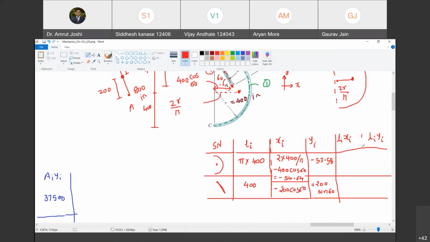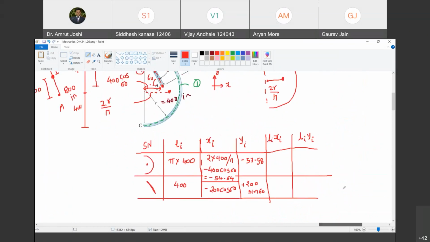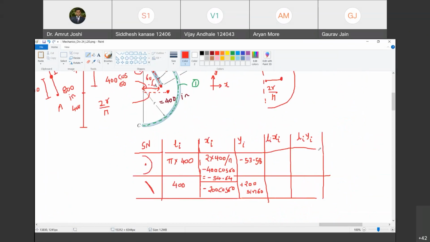So now, can you tell me what is summation Li xi and Li yi? Quickly. So how much is Li xi? Pi into 400 multiplied by minus 54.64. Tell me how much is that?